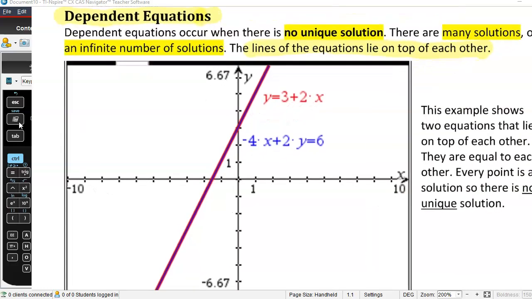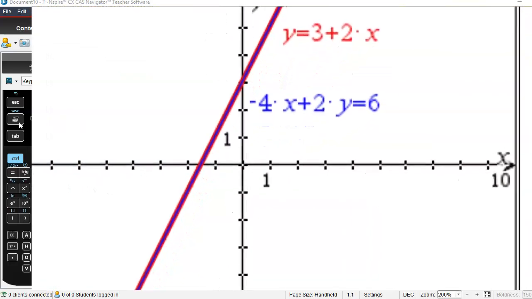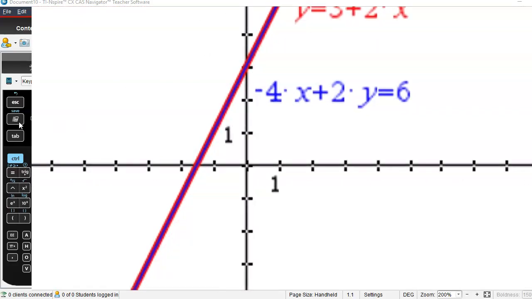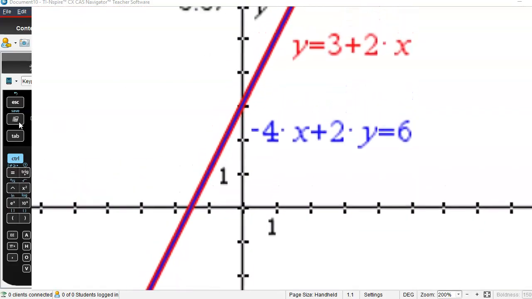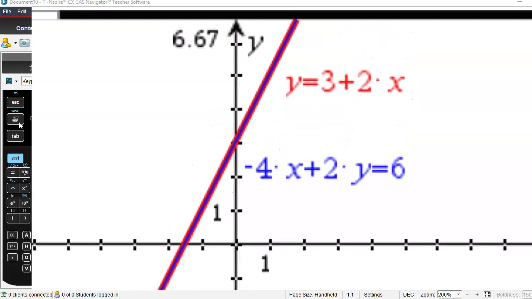I've got an example here and I'll zoom up a little bit. You can see I've done it on my CAS calculator and you can see the blue line for the blue equation and the red line for the red equation. I've made one line a bit thicker than the other, but you can see that they lie on top of each other, don't they?